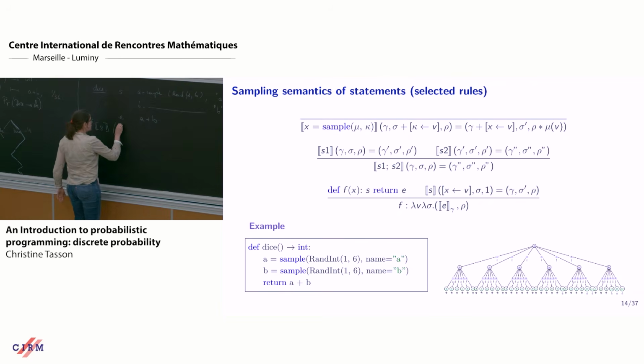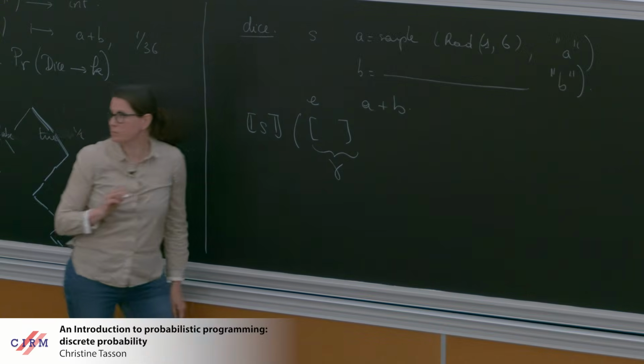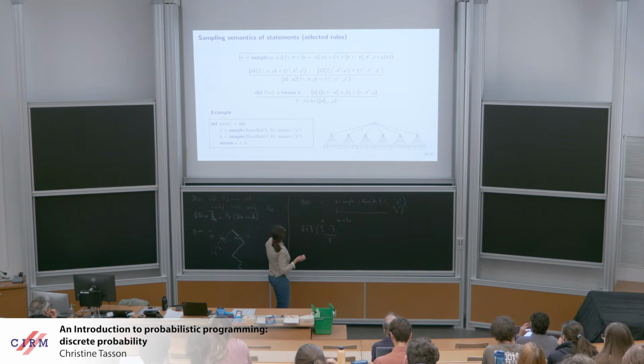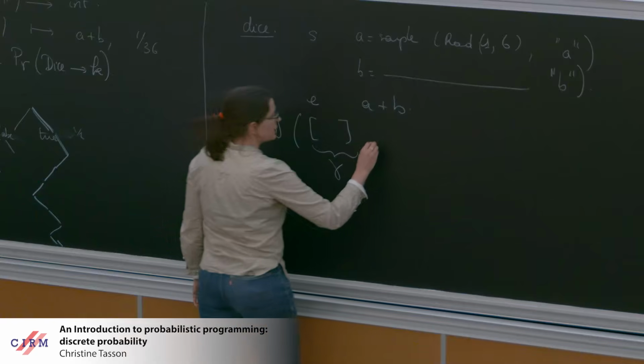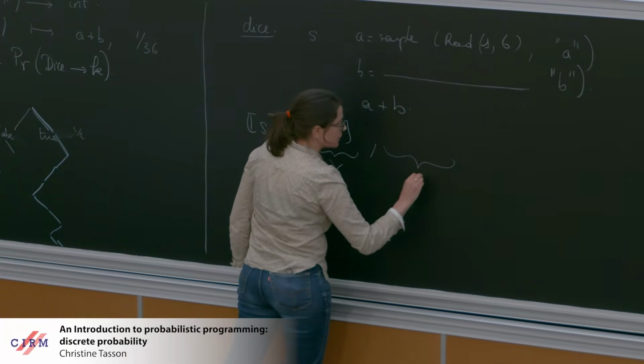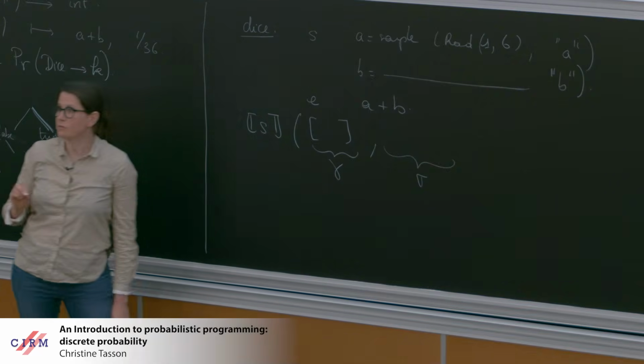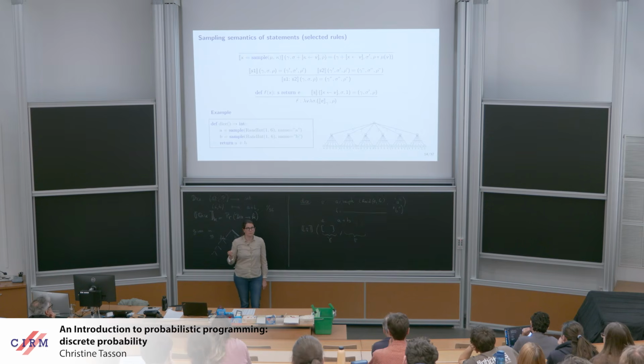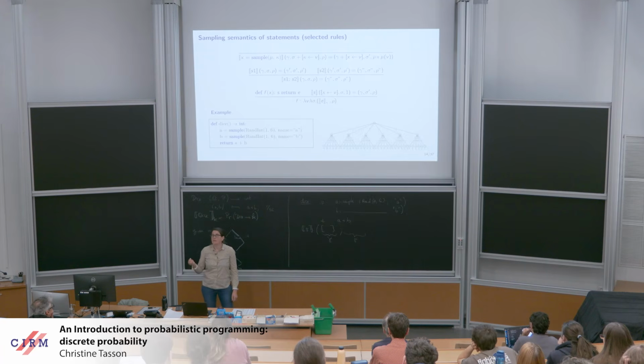Nothing to do here, so I start with gamma, which is the empty environment. There's nothing here. So now I need a sampling trace. Do you have a proposition for a sampling trace? A sampling trace will associate to each key appearing in my program one sample. Yes?